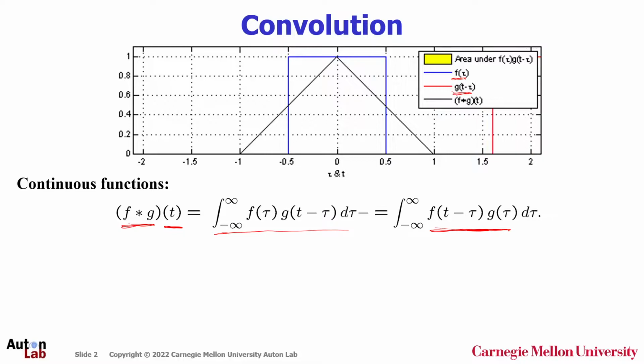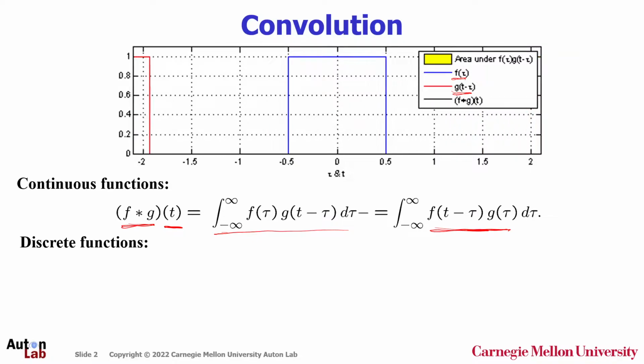This resulting function of the convolution of f and g is visualized with this black curve. Here we can see if we convolve the density of two uniform distributions, then we get the density of this triangular shape.